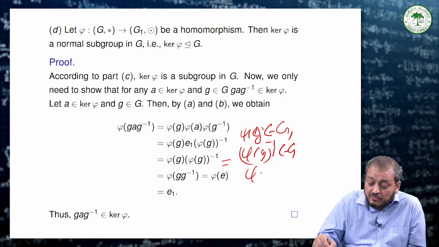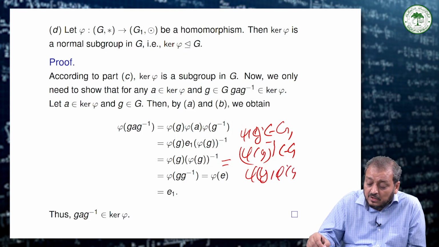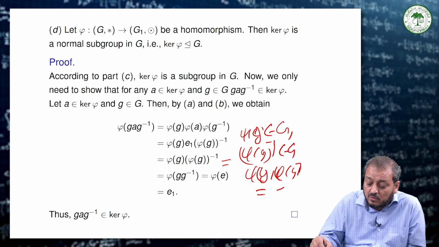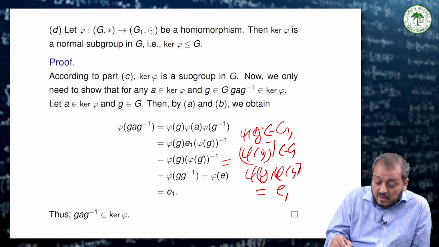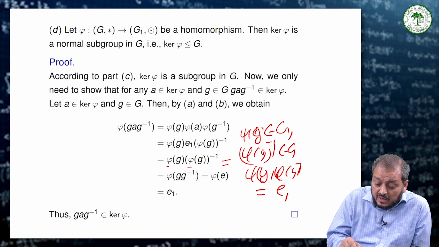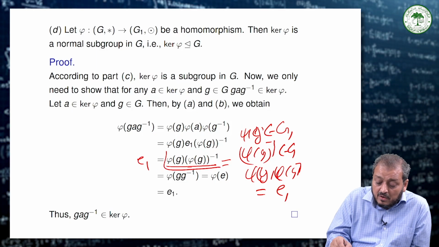Then we can say that phi of g times phi of g inverse is equal to E1.